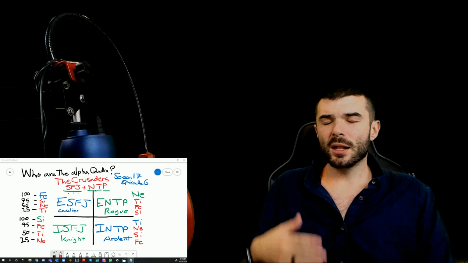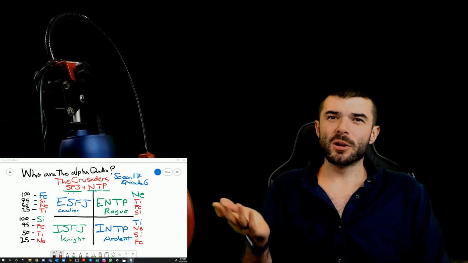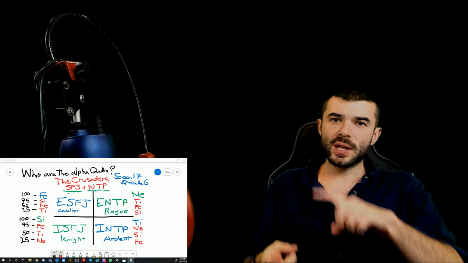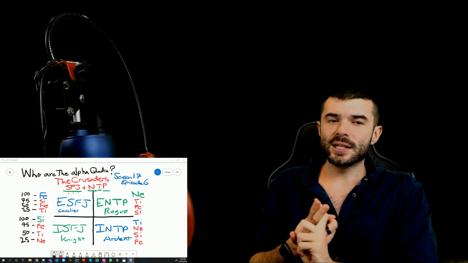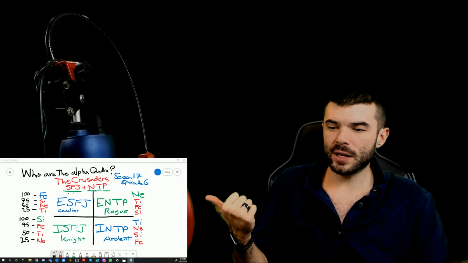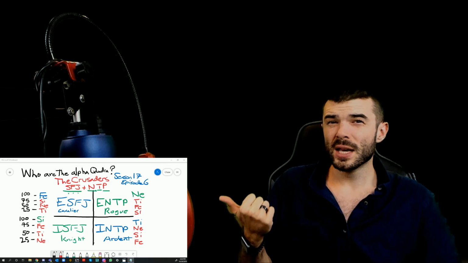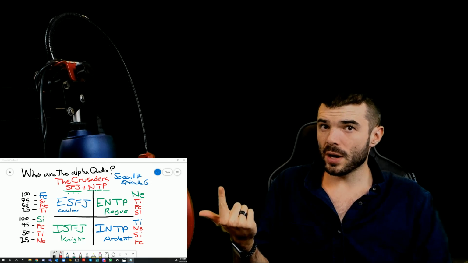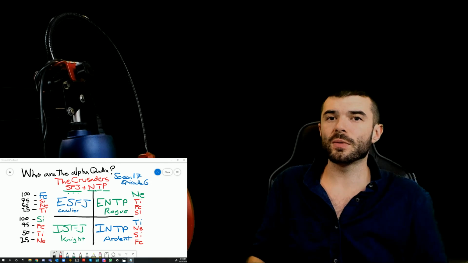So since we're talking about similarities, let's talk a little bit more about how they're similar. Both these types have TI-FE and SI-NE within their cognitive axis analysis. They have the axis of TI-FE for their decision-making functions, and SI-NE for their perception or information gathering functions.